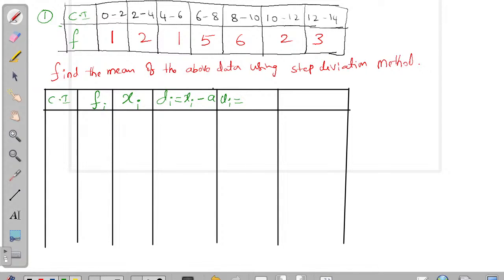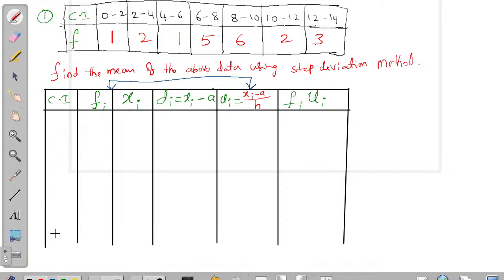You have a formula for ui: xi minus a by h. Means the value you get from here, you have to divide with h. Finally, fi into ui. You have to multiply this column and this column.